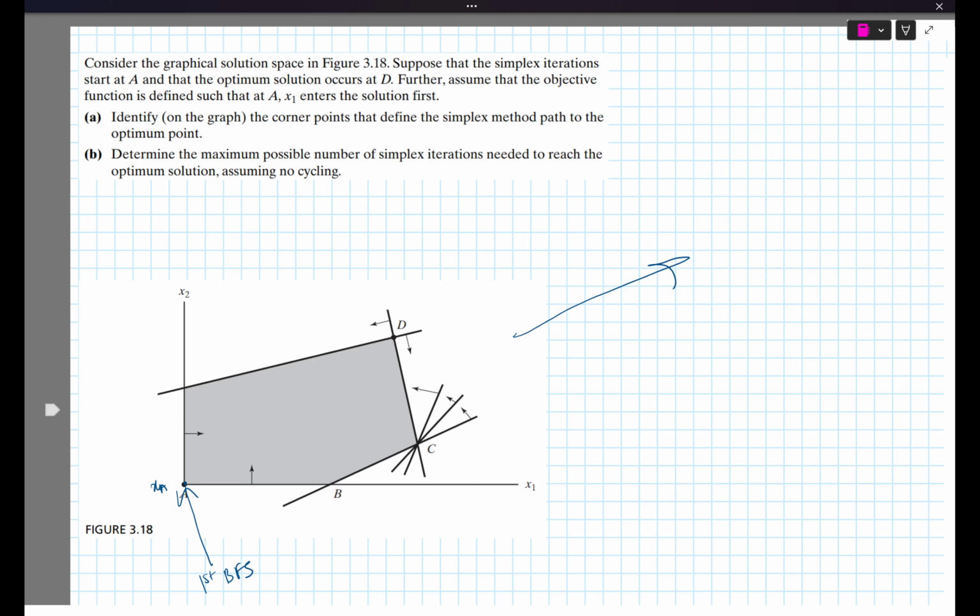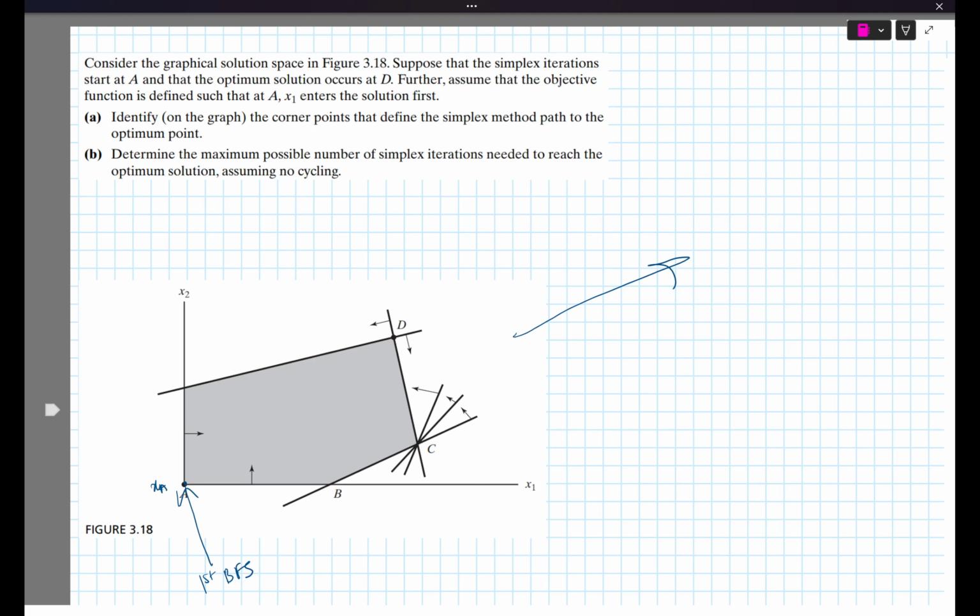Maybe the objective is not given, no? Only the graphical solution space. No, assume that the objective function is defined such that at A, x1 enters the solution. Okay, then I don't know. But why is our first BFS mattering?